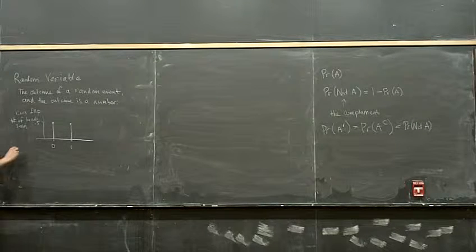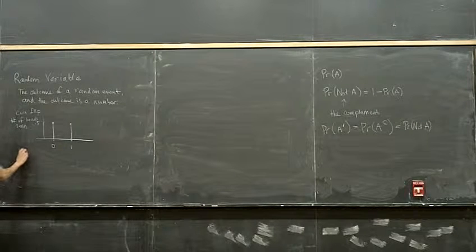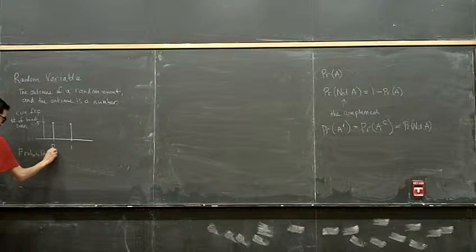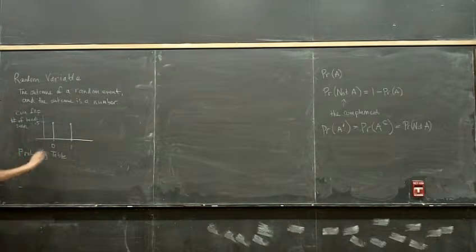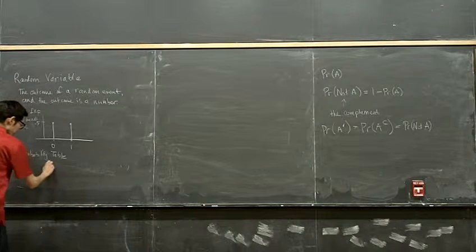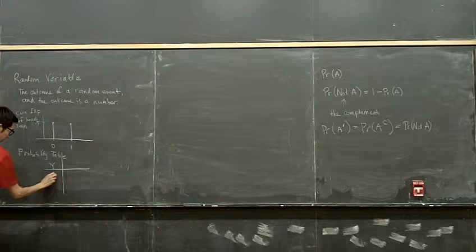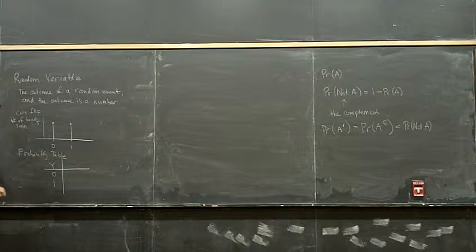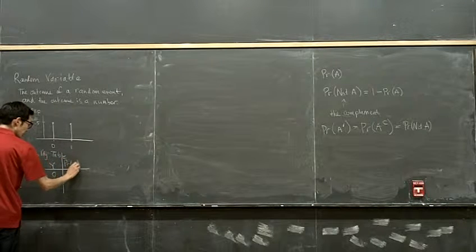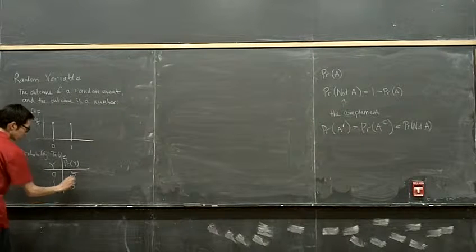We can make a frequency table, or I'm sorry, this is not a frequency table, this is a probability table. And the outcome, which we list as y, y can be, after one coin flip, 0 heads or 1 head, and the probability of y here is 0.5, and the probability of y here is 0.5.